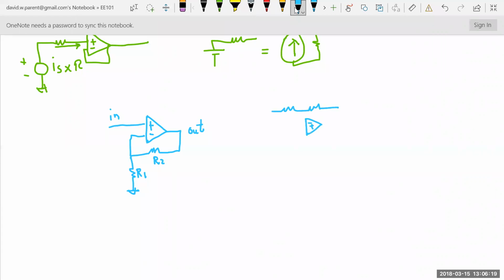And yeah, I have my favorite way of doing it. Here's an inverting, then here's a non-inverting, right? But what if I drew it like this? Would that throw you?